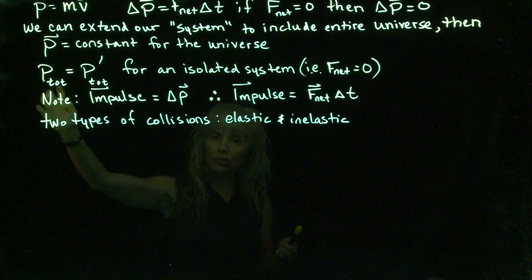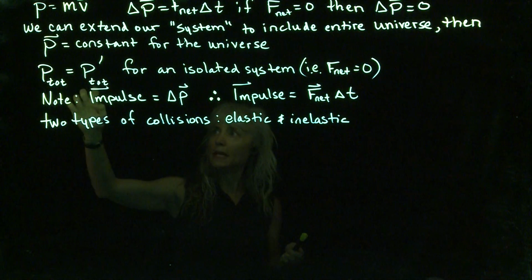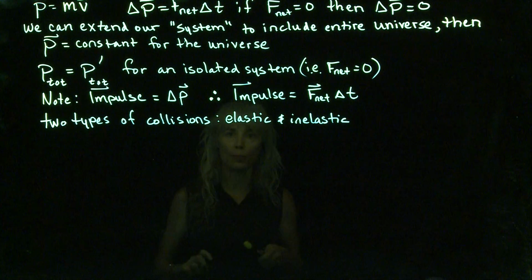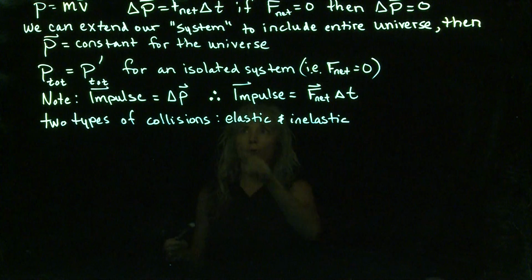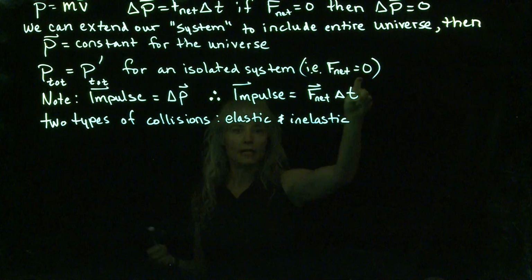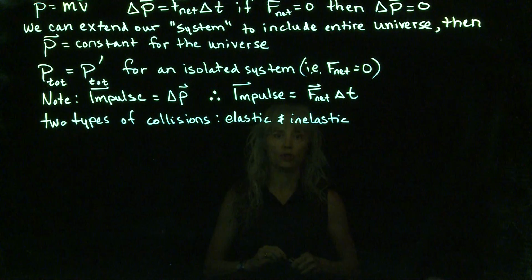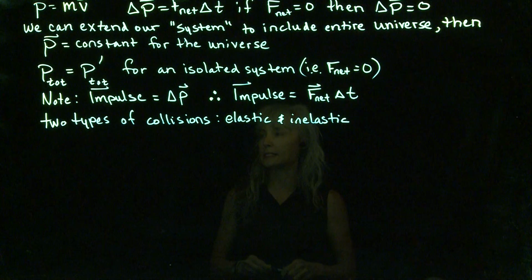So this is initial momentum total for the system, and this is final momentum total for the system, final indicated by the primed sign. When you have an isolated system, then the net force is zero. So that's why we're able to say that the system's momentum doesn't change if it's an isolated system.